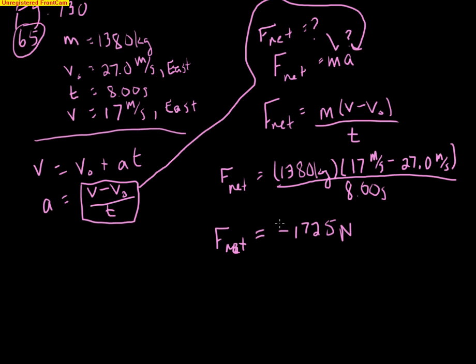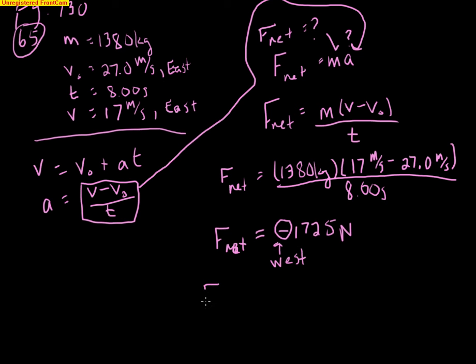So this negative here, what does this mean? Well, since we said east was positive, we didn't explicitly say east was positive, but we assigned this eastward velocity as a positive value. So that means a negative value that we get would be west. So this really means west.